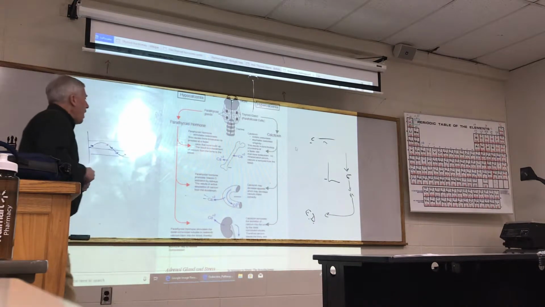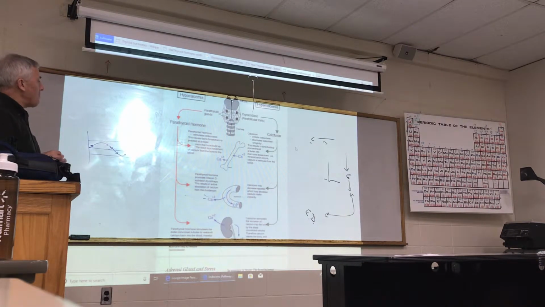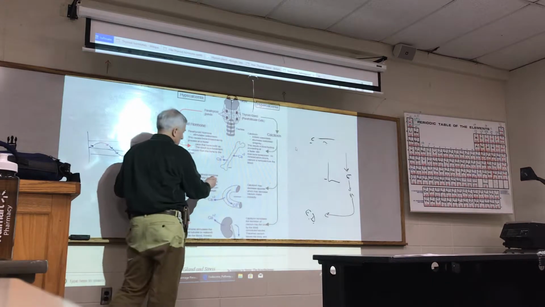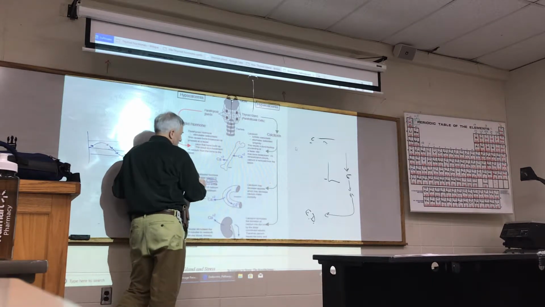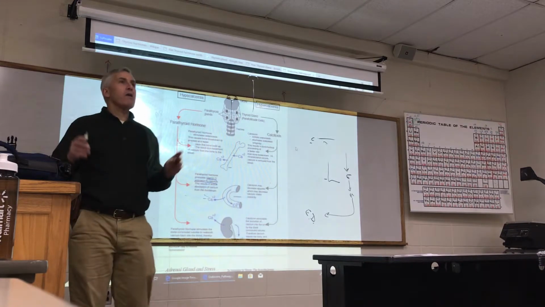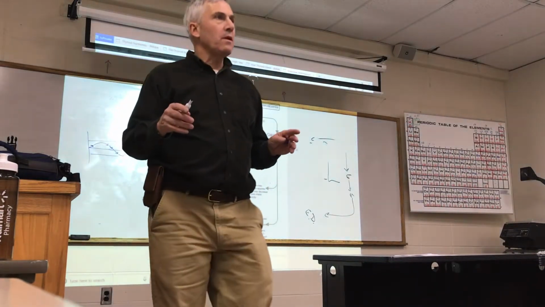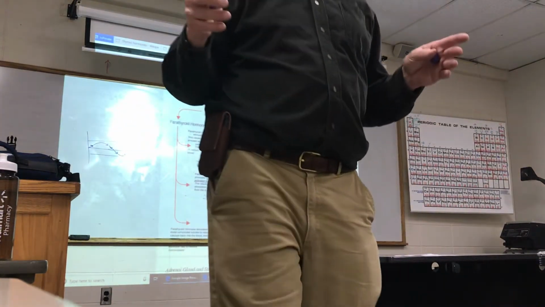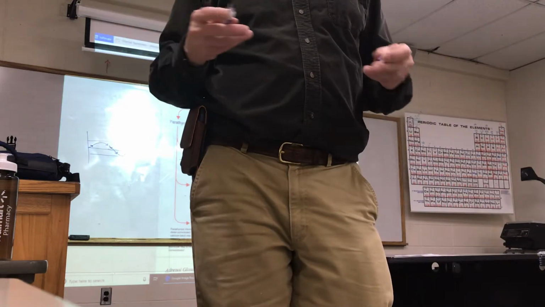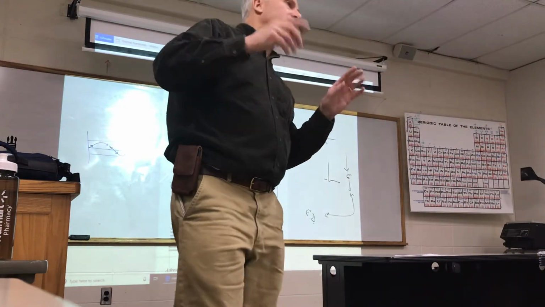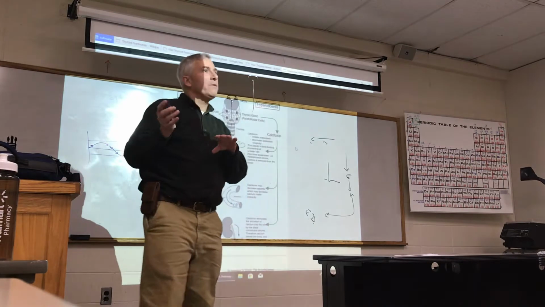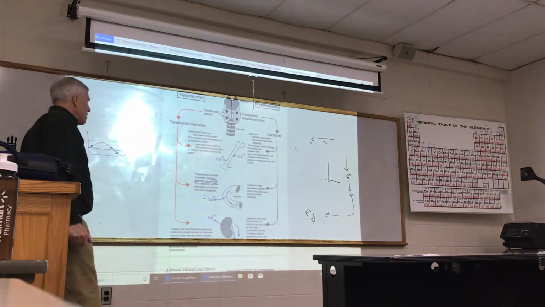Okay? Number two, parathyroid hormone is also going to stimulate your kidneys to produce more vitamin D. Okay? So the kidneys are stimulated to produce more vitamin D. They play a role in that process. We covered that in the integumentary system in A&P 1, if you wanted to recall it.